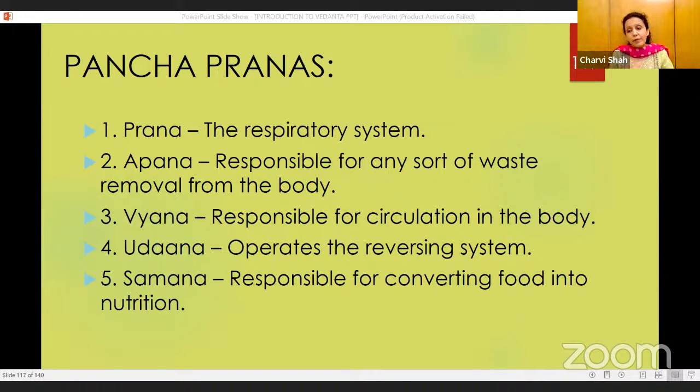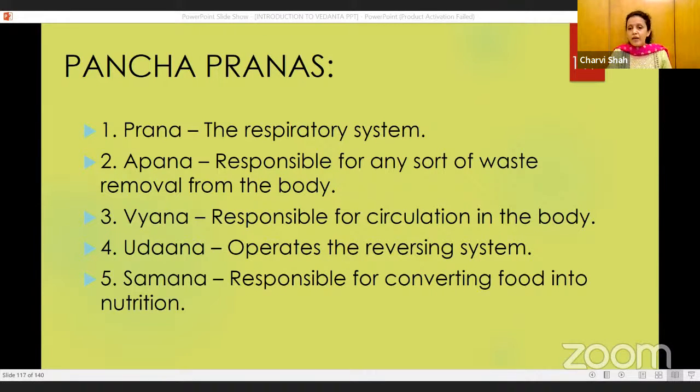Pran means the respiratory system. Apan is responsible for any sort of waste removal from the body. Prana is the respiratory system. Apan is the waste removal system.